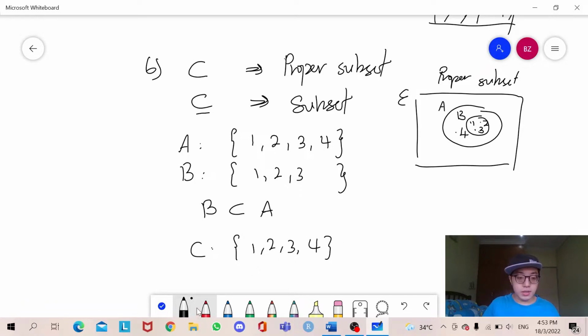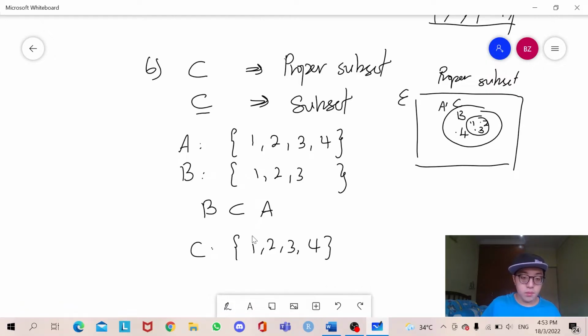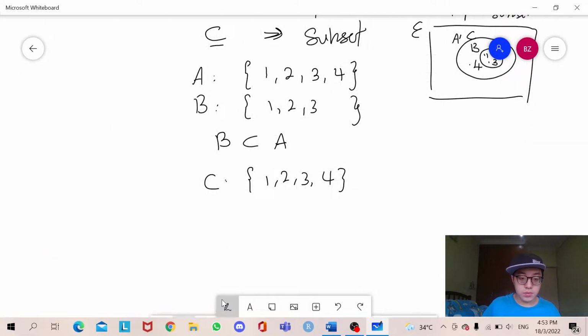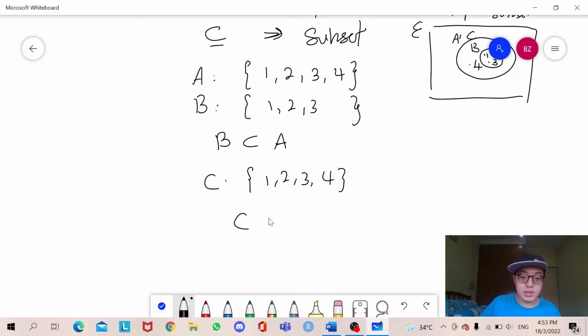So in this diagram A and C are the same circle, because both A and C have the items 1, 2, 3, and 4. So when it's a subset, we say that C is a subset of A, or A is a subset of C. It's the same because both of them are equal.